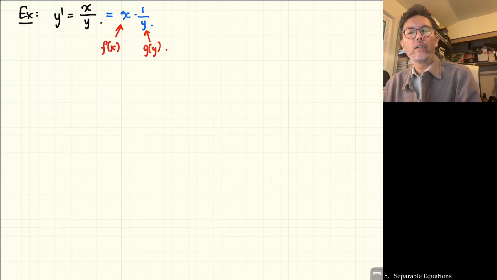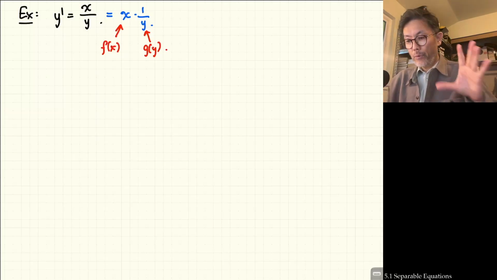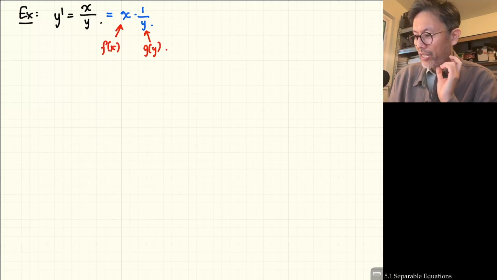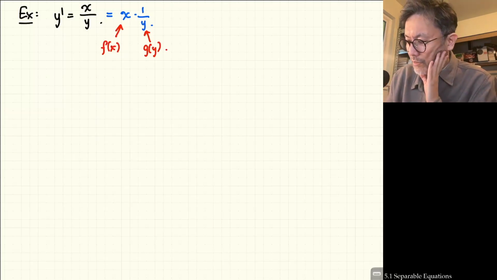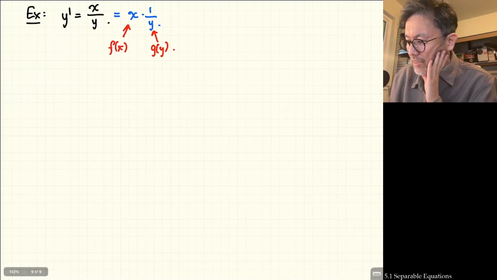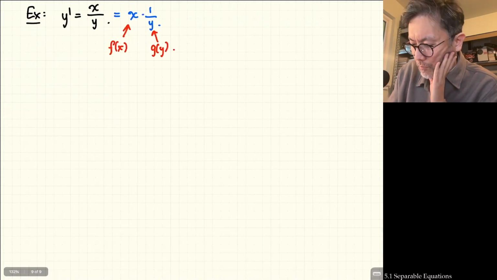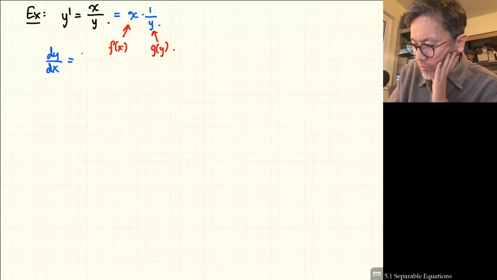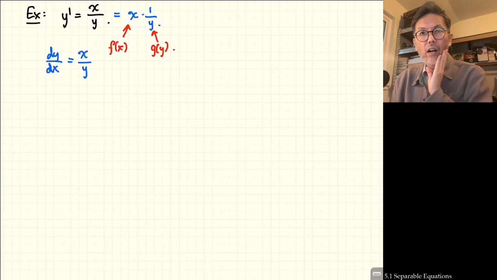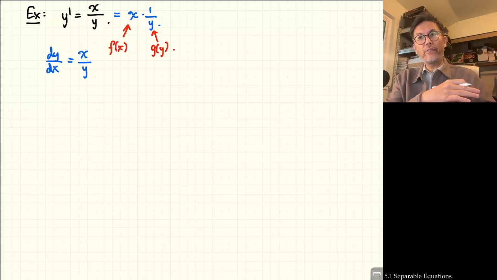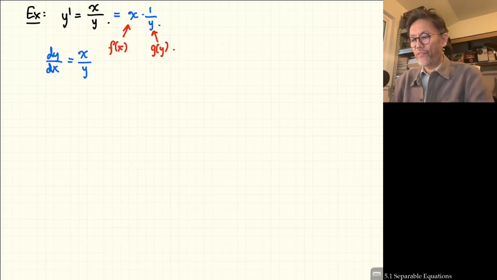Okay? Now I'm going to separate the variables. I'm going to use the typographical, not so rigorous way of doing things. So I have dy dx is equal to x over y.